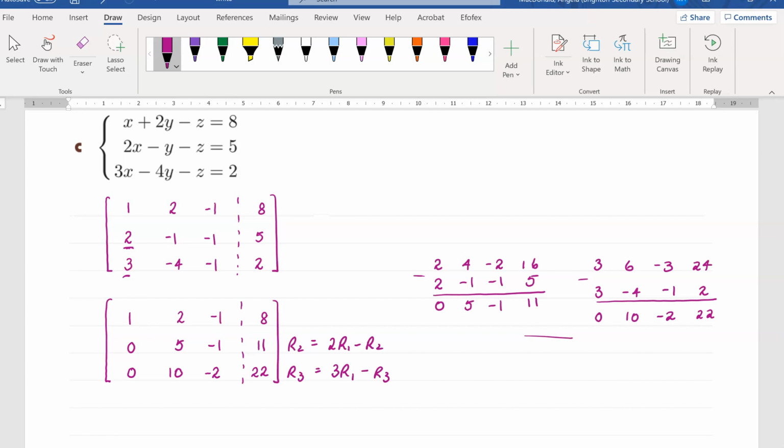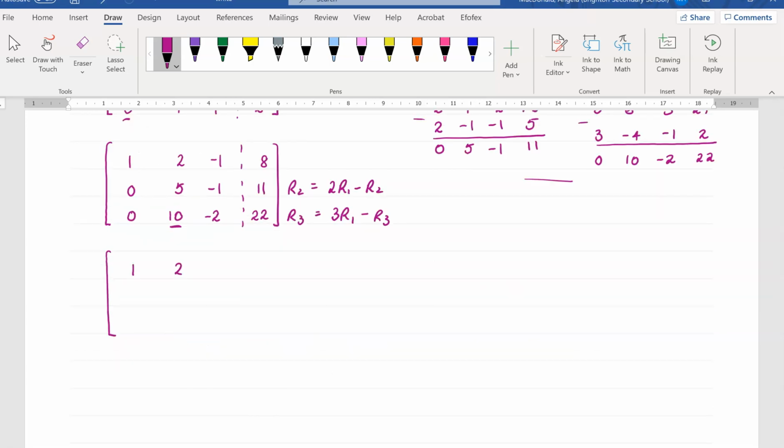All right, we now want to make sure that we get a 0 here, so we have to rewrite all of this. Some of you will find this very satisfying. I find it quite soothing. 0, 5, minus 1, 11. To make this a 0, we are going to do 2 row 2 take row 3.